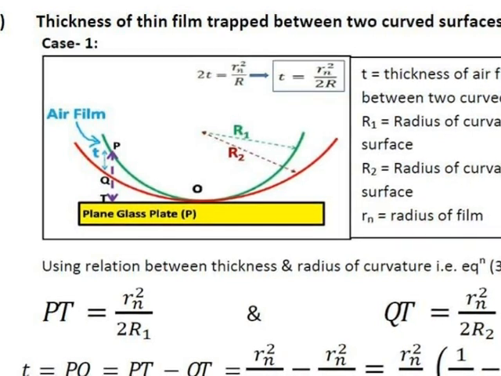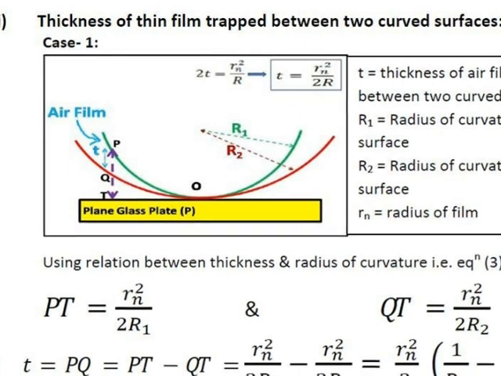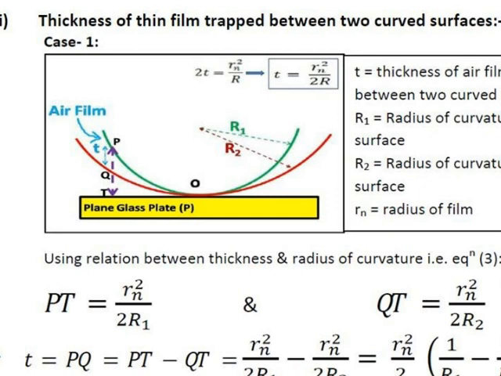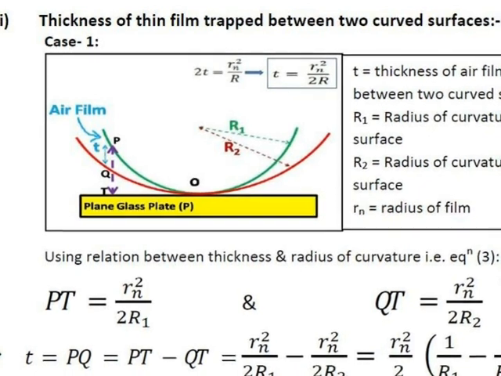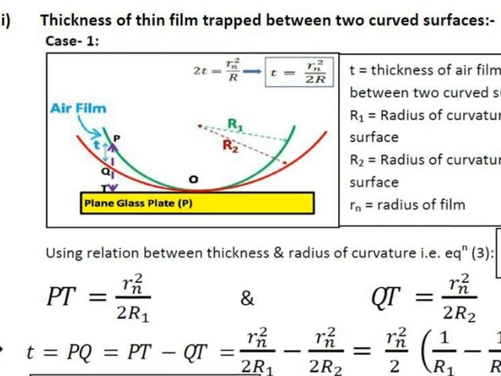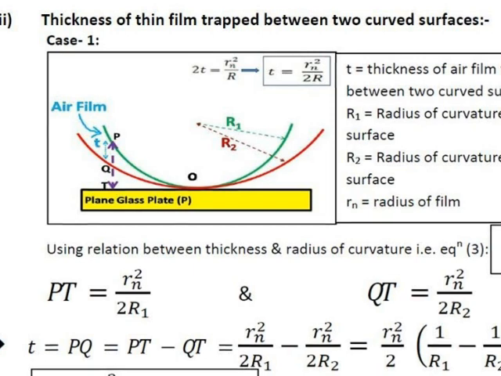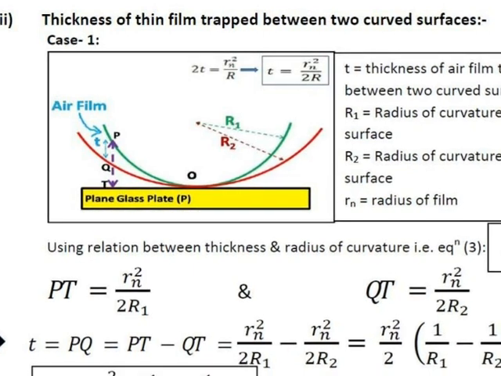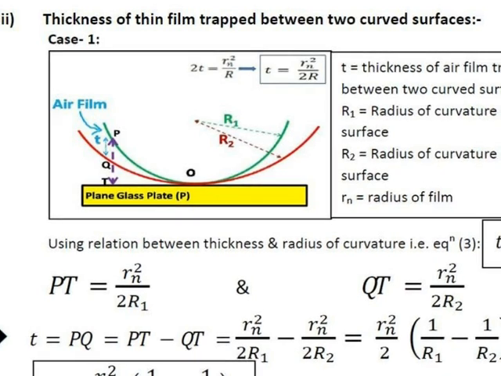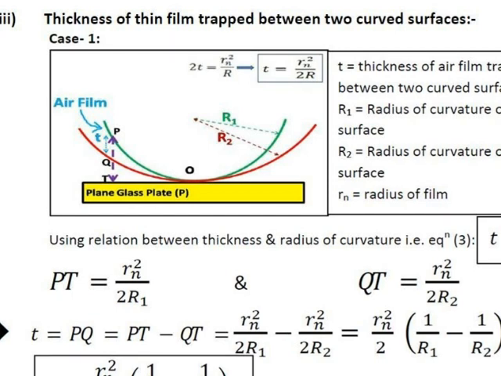Thickness of air film is Pt. Now apply the formula. Thickness of film t is equal to rn square by 2R. That means Pt is rn square by 2R1, because in case of green surface the radius of curvature is R1. Clear? So Pt, meaning thickness of air film for the green curved surface, is this one.